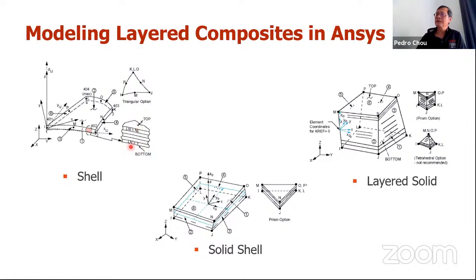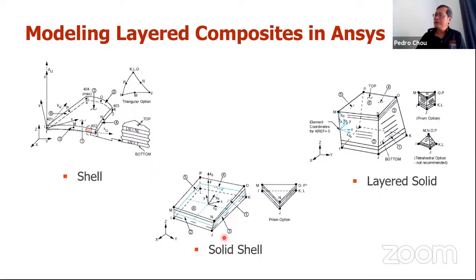Okay, so this is just the regular shell element formulation, but to assemble the stiffness of the shell element, you define the stiffness for each layer, and then Ansys will automatically compute the stiffness for your shell element.